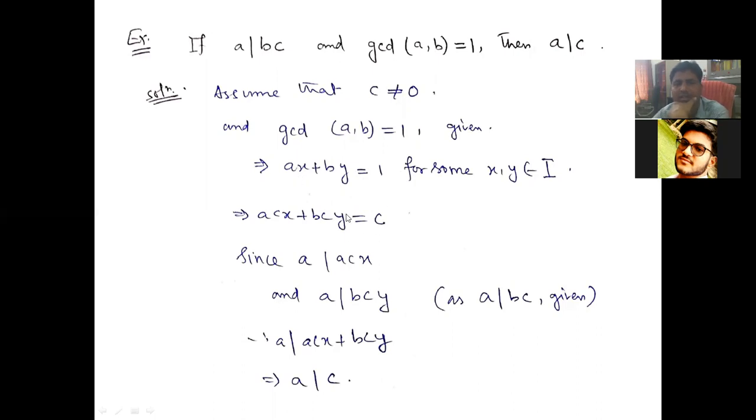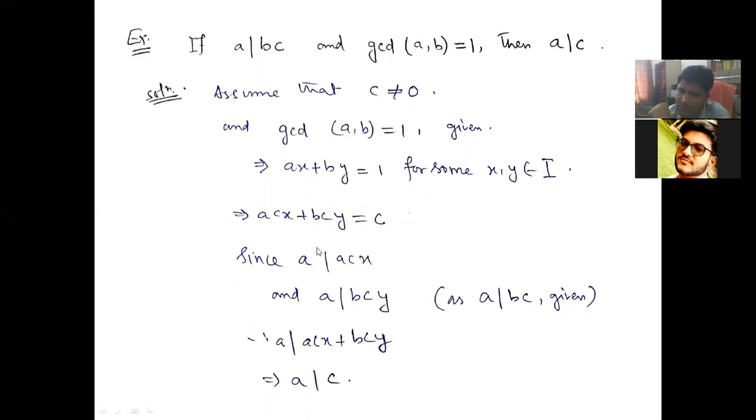Now c से मल्टीप्लाई कर दीजिए, acx plus bcy equal to c. Okay, so since A divides ACX and A divides BCY, देखिए कैसे है, A divides ACX, यहां हम कह सकते हैं, यहां तो A मौजूद है, C इंटू x कोई और उसके मल्टीपल हो गया.